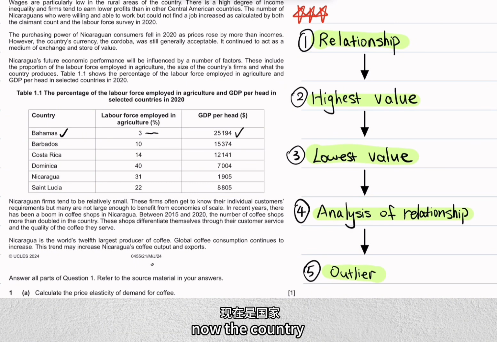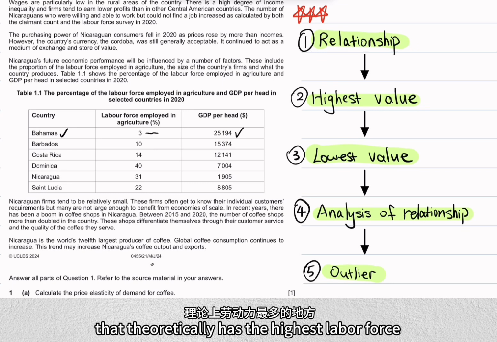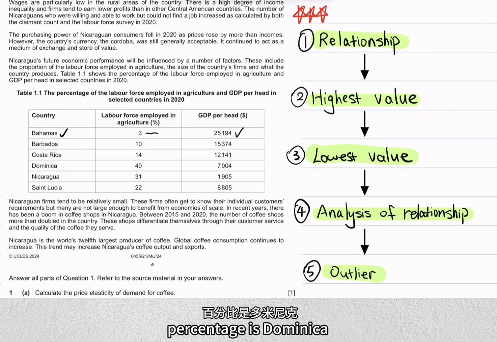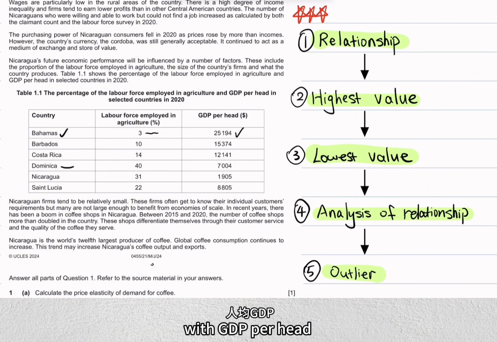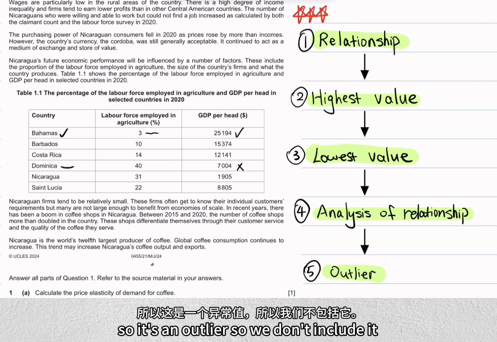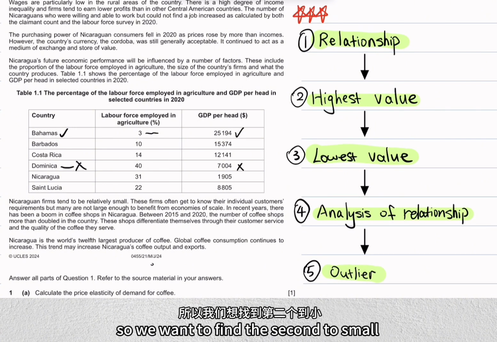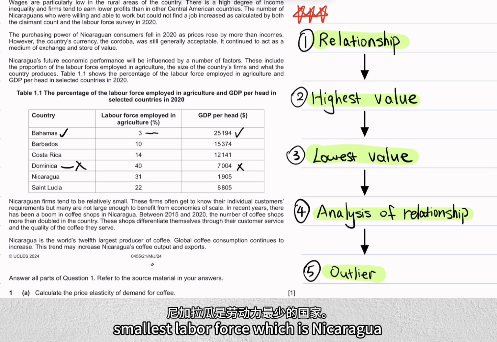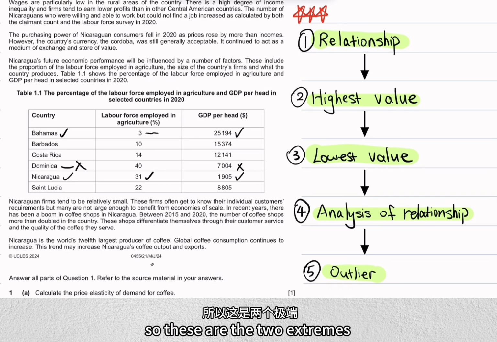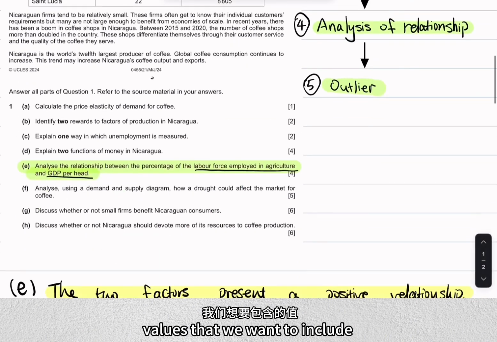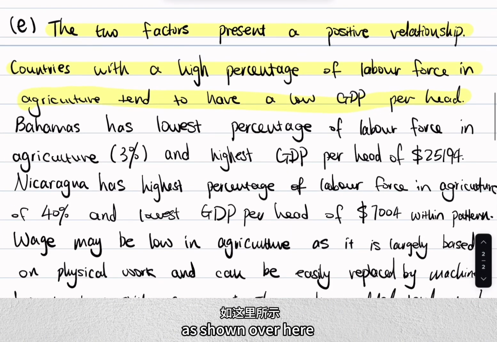The country that theoretically has the highest labor force percentage is Dominica, but we see that it does not have the lowest GDP per head, so it's an outlier and we don't include it. So we want to find the second highest labor force, which is Nicaragua. We see that it has 31% and the lowest GDP per head. So these are the two extreme values that we want to include.